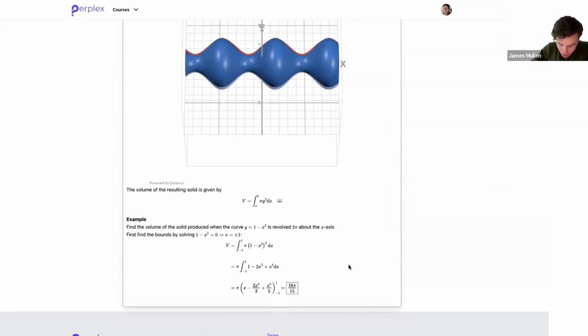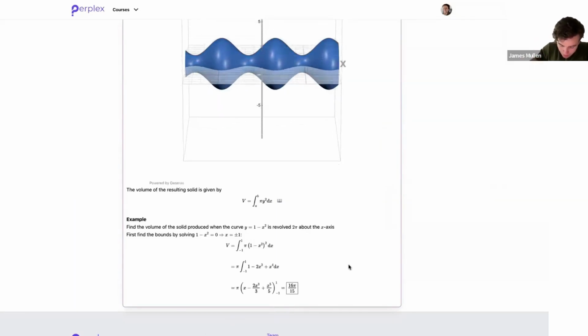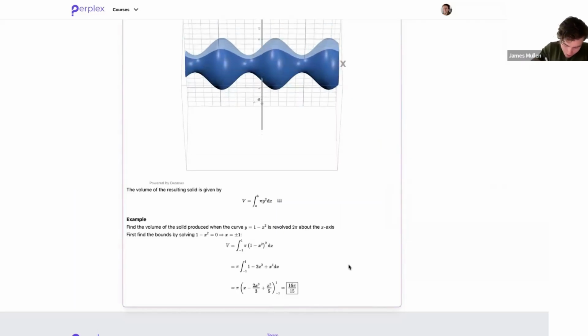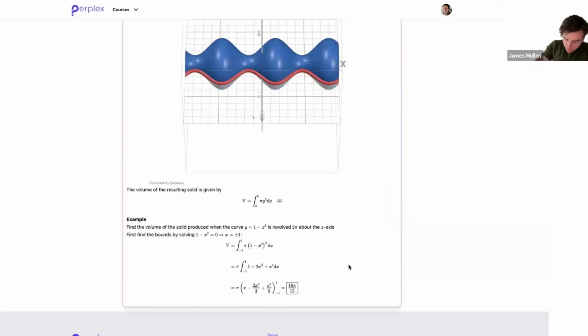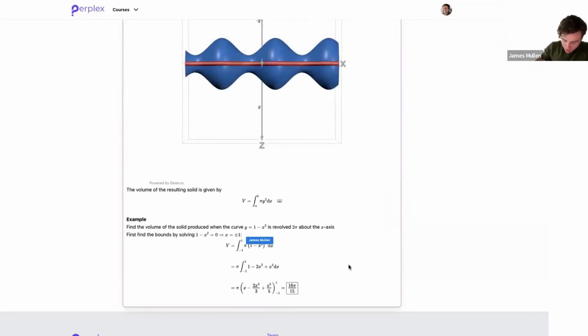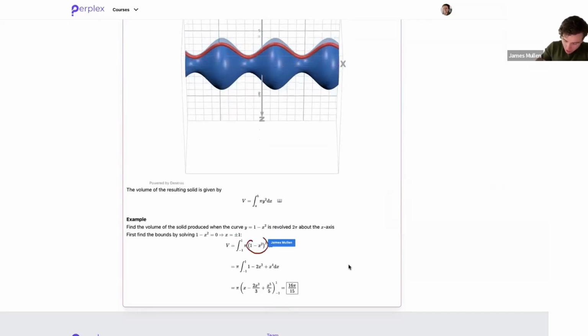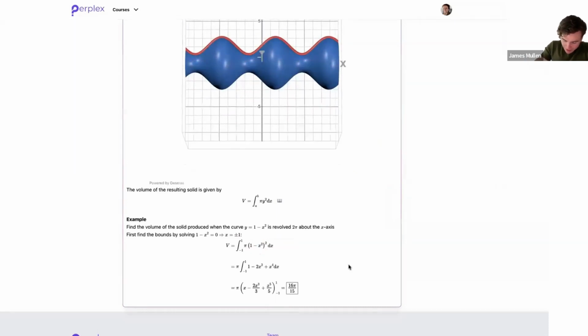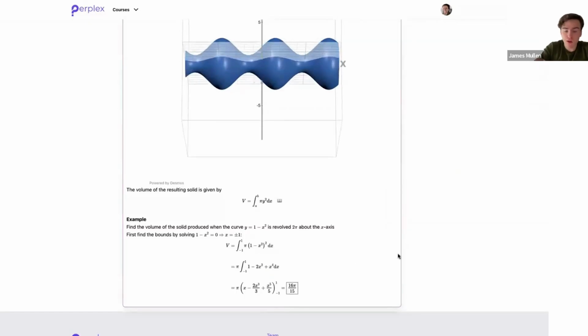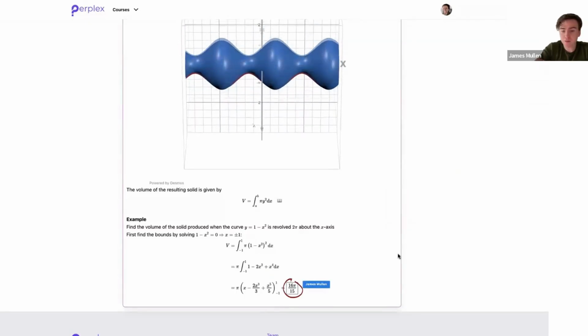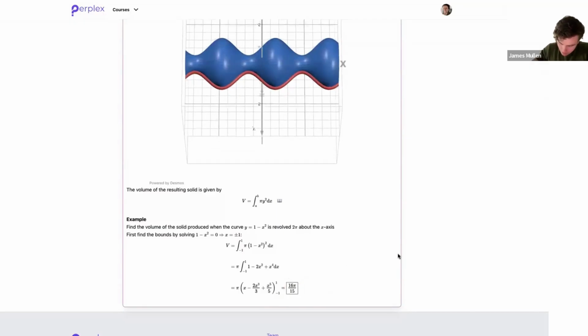Let's say I take the solid produced by 1 minus x squared, and I revolve it about the x-axis. Well, the zeros are going to be x equals plus or minus 1, so I'm integrating from negative 1 up to 1 of pi times 1 minus x squared all squared. If I expand that, I get this polynomial, and I know how to find the integrals of polynomials, and that leads me to my answer of 16 pi over 15.